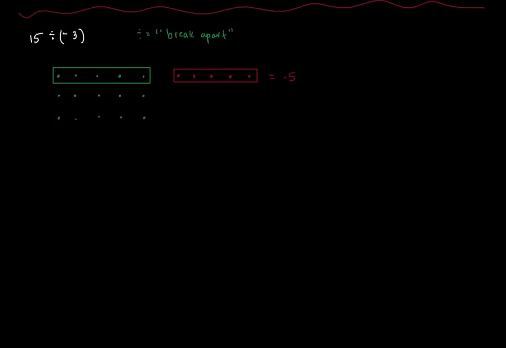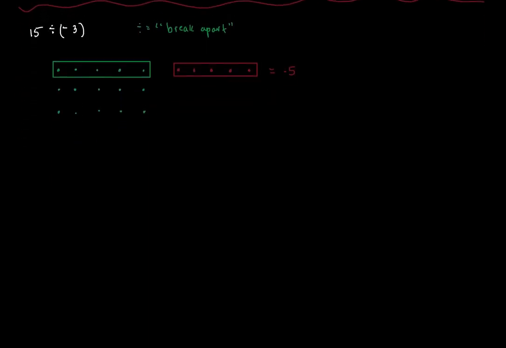You don't have to keep drawing out 150 dots. That's really time consuming. There's a simple way to remember how to multiply and divide negative numbers and positive numbers for that matter. Now, just like with multiplication, this works with both multiplication and division.